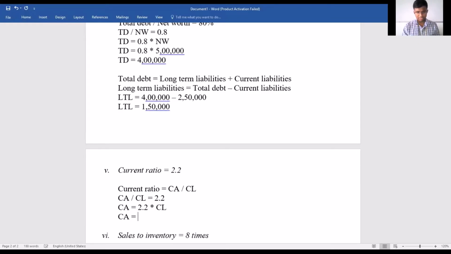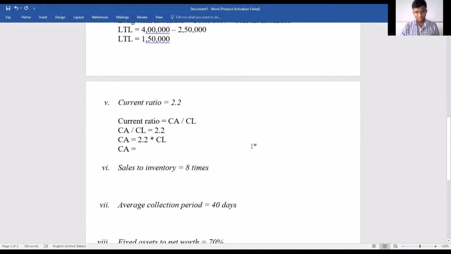We already know the value of current liability, so current asset is equal to 5,50,000.